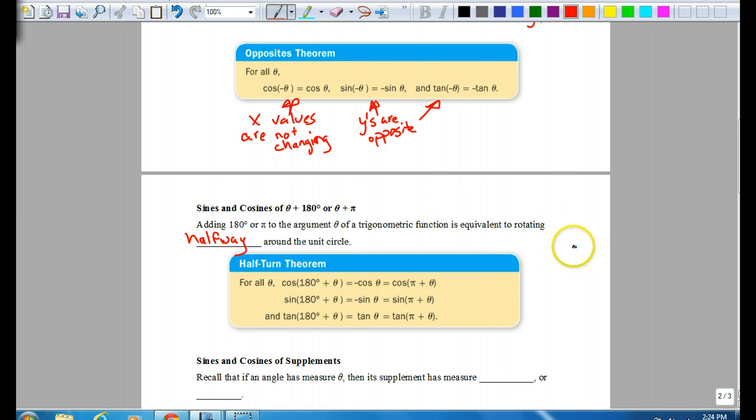So let's look at the unit circle and see what we're talking about here. If I am at this point right here, my x and my y is actually 0, correct? But if I were to go the other direction, what would be my x over here?